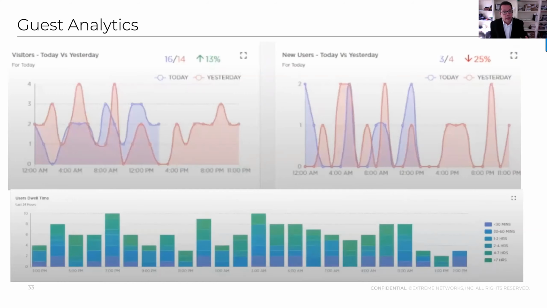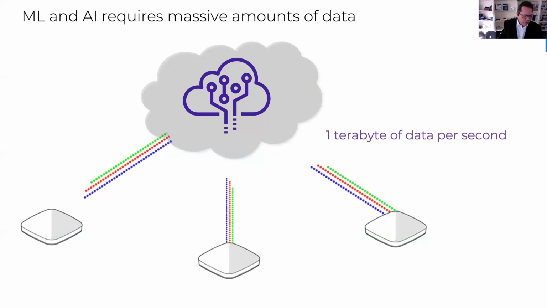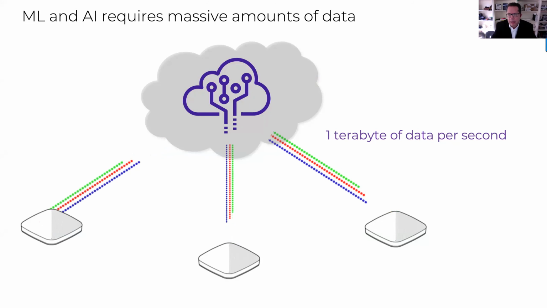That can be useful information. Also trending reports over time, and guest user dwell time, like how long they dwelled in your store, presence analytics, for example. A lot of these analytics solutions are offered as third-party overlay solutions that you have to purchase and pay for. And a lot of people are willing to do that, especially in the retail vertical.